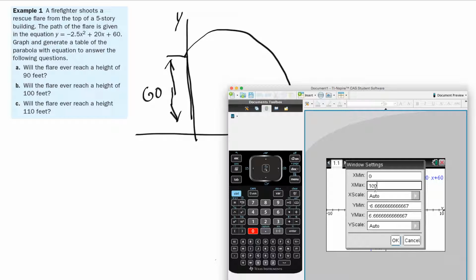Y minimum, I'd like to see the x-axis, just for yucks. So I'm going to put in negative 1 for y minimum, and y max I'm going to put in 115.